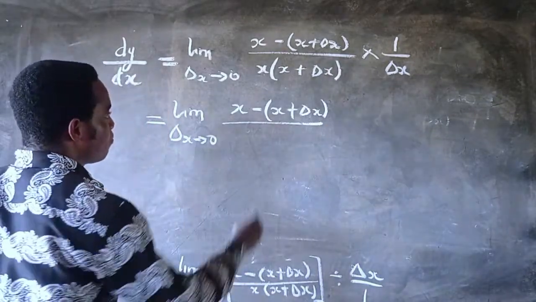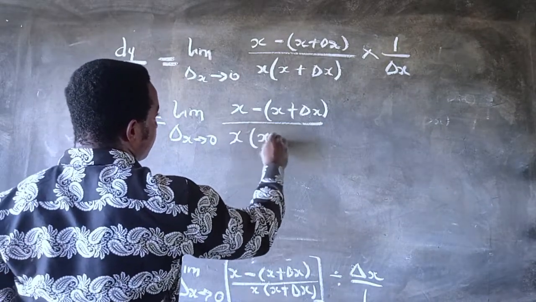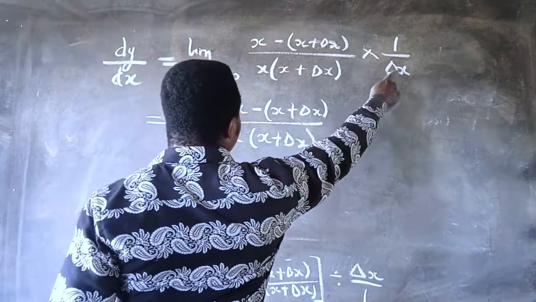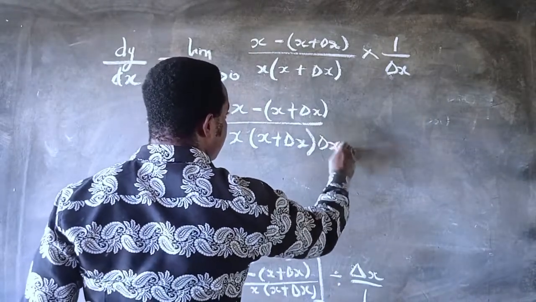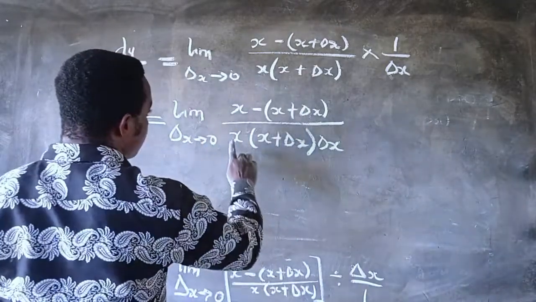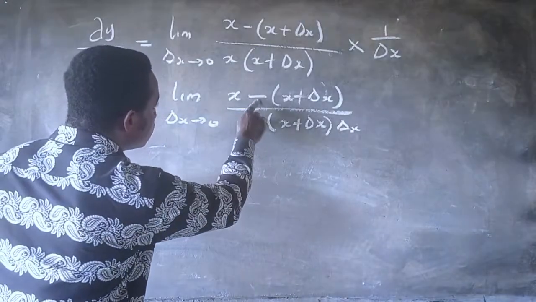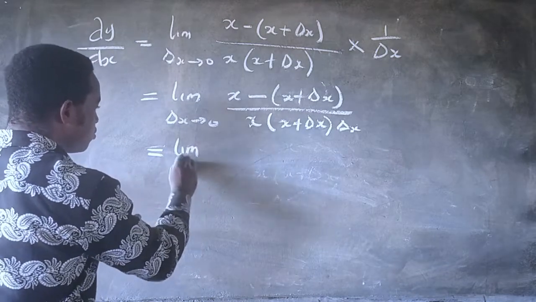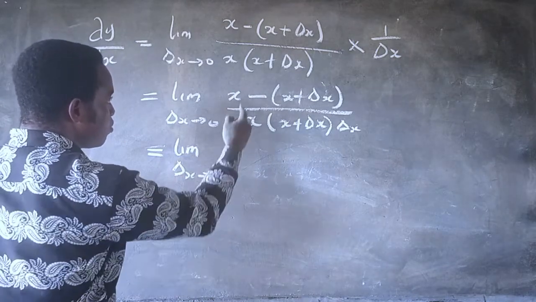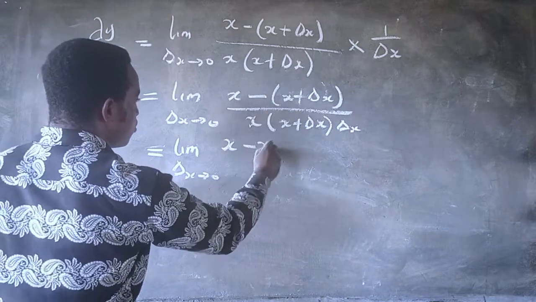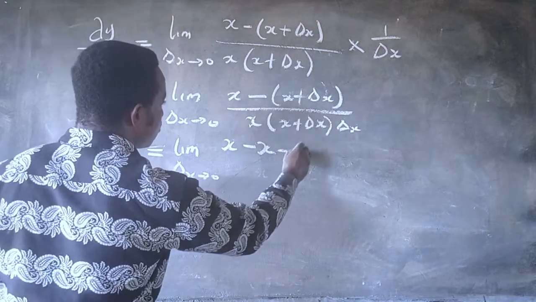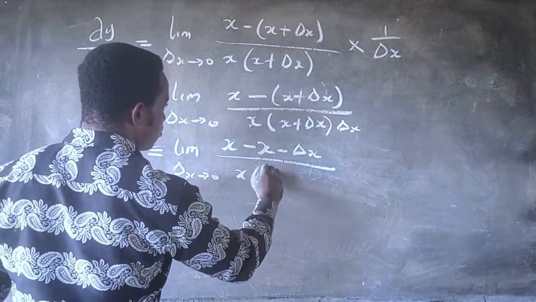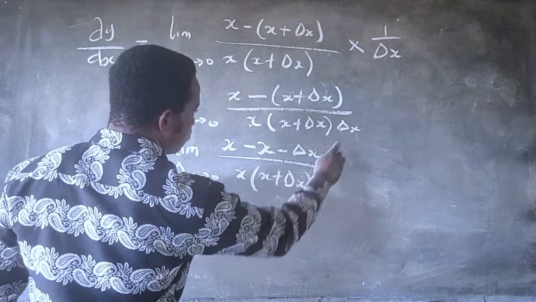So let us join the two fractions. Just for the sake of practice, I am not supposed to be wasting time on this, but I know some of us might need it. Now next we open the bracket with the -1 we have on the outside of it. So we have x minus x minus delta x all over x into x plus delta x and delta x.